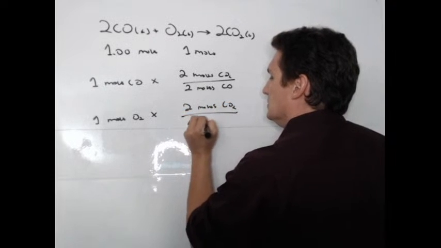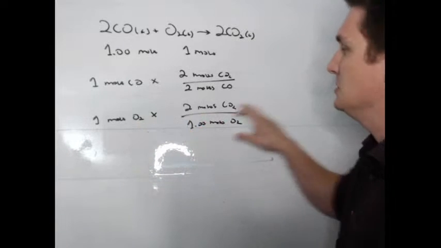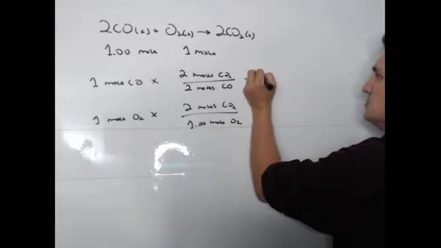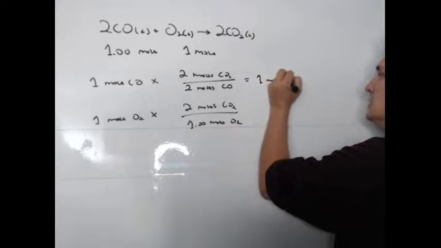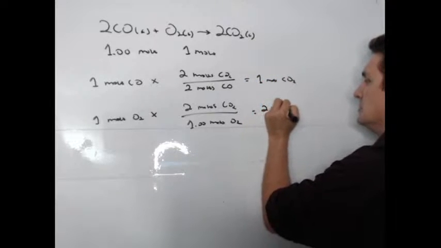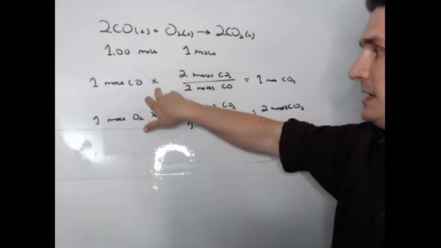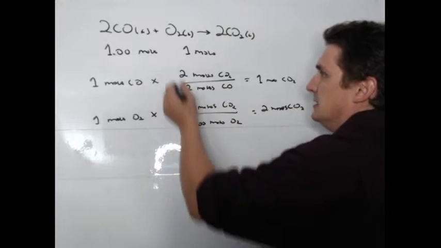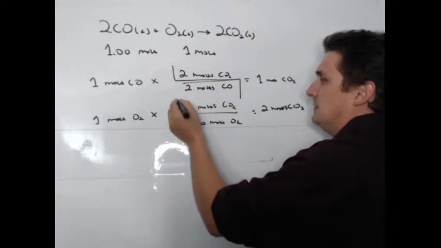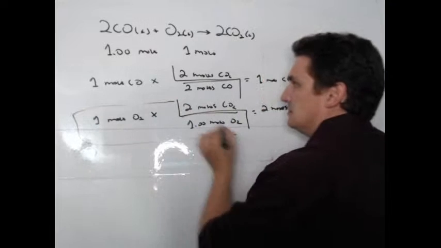And you can see that this produces 1 mole of CO2, and this produces 2 moles of CO2. So clearly this is the limiting reagent. But the thing is that the only thing different between these two is this first half here.